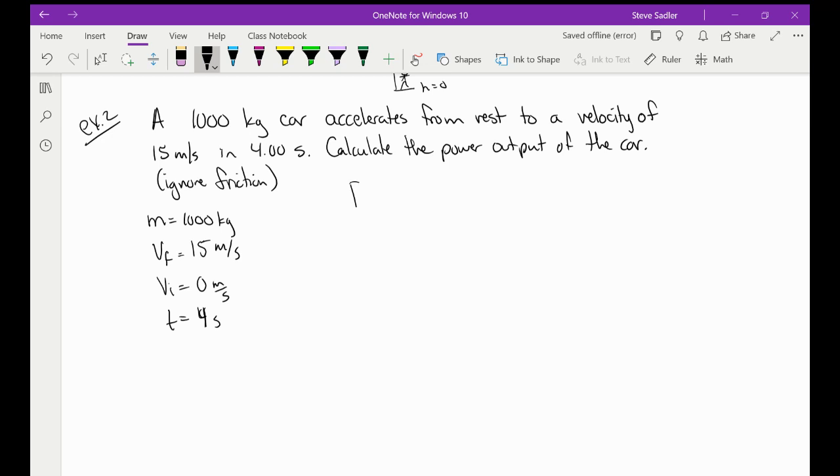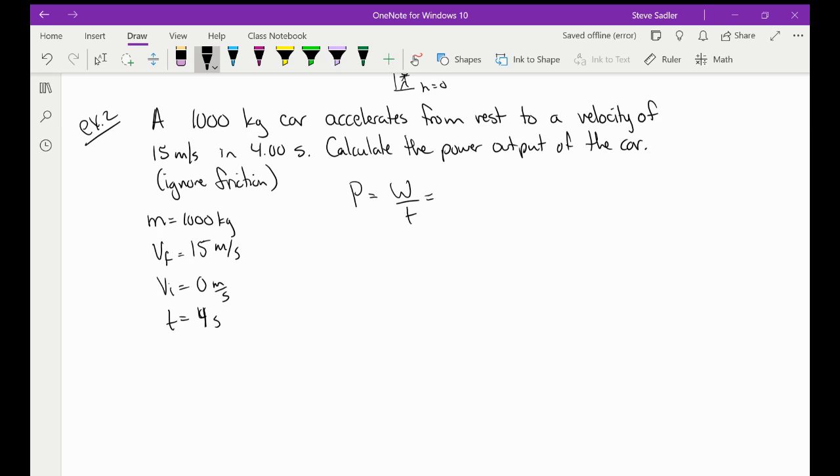So we're looking for power. Power is work over time. We could find the displacement and find the acceleration, and then we could do work is force times distance. But that's just going to be a lot of work for us to do.